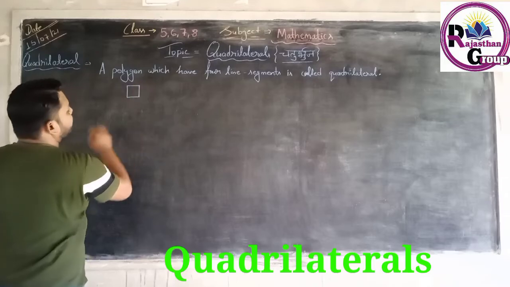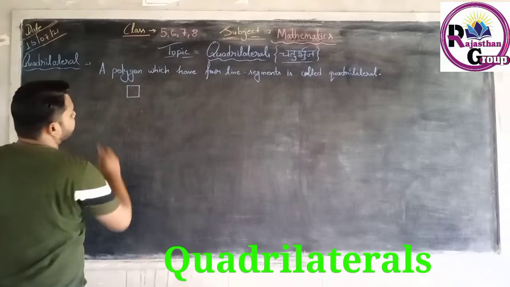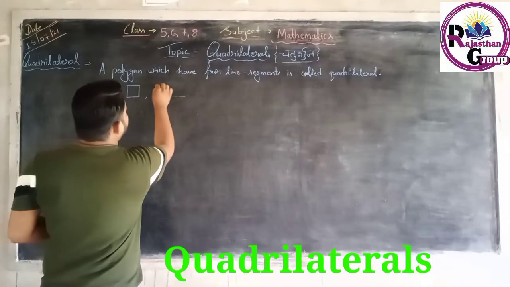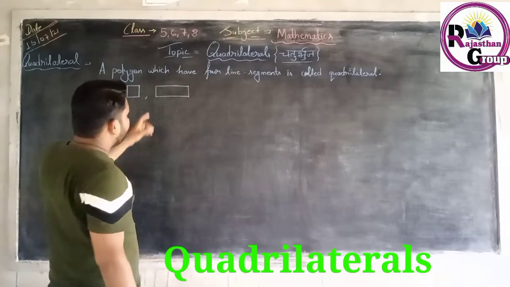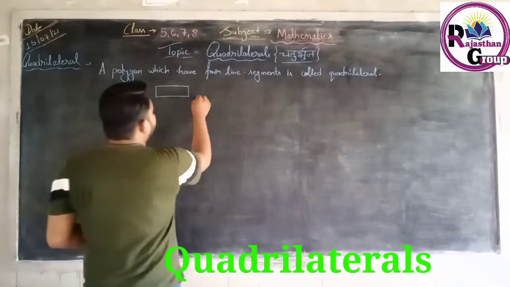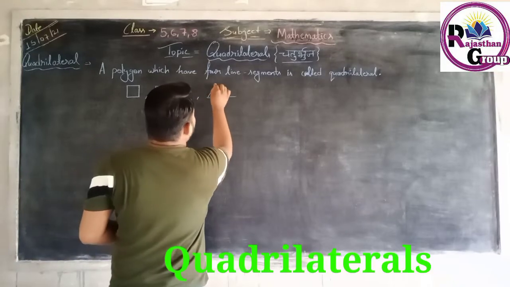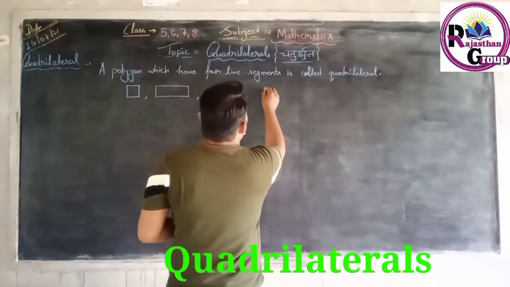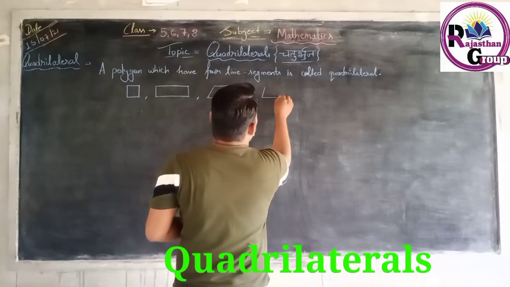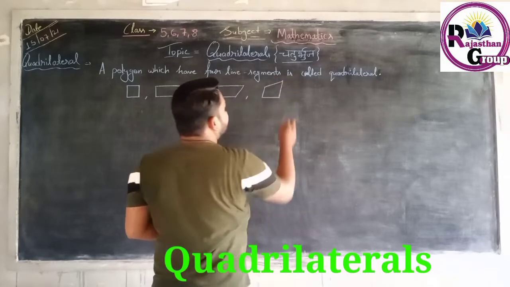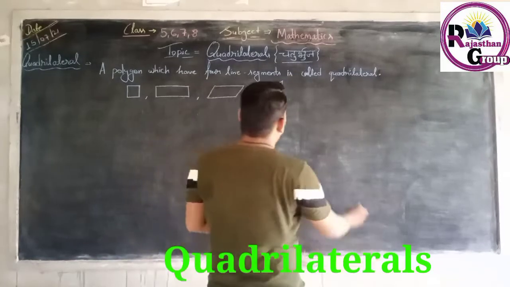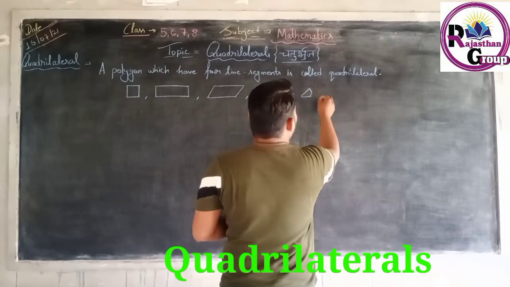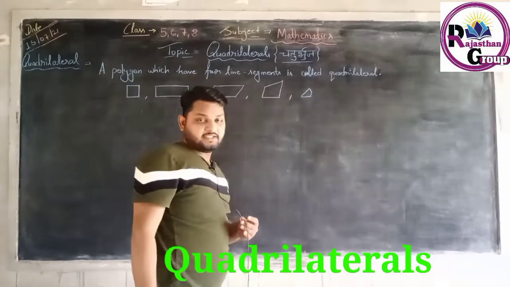This figure has four line segments, 1 2 3 4. Then it is a quadrilateral. This is also a quadrilateral because it has four line segments. And the next one is also a quadrilateral because it has four line segments.